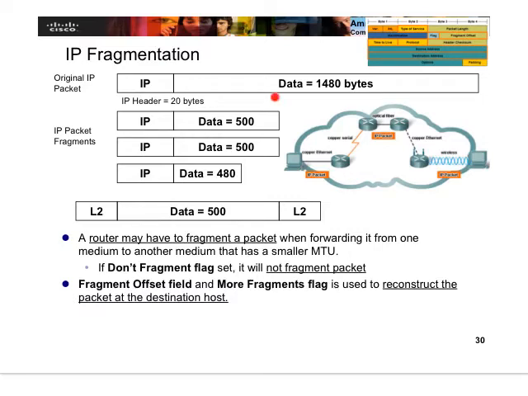The problem comes if you have to fit this big segment or big packet into a maximum segment size which is less. In that case, you have to do what we call fragmentation. In TCP, we call it segmentation. Here, we call it fragmentation. Again, the terminology gives you an indication of which layer we're talking about.